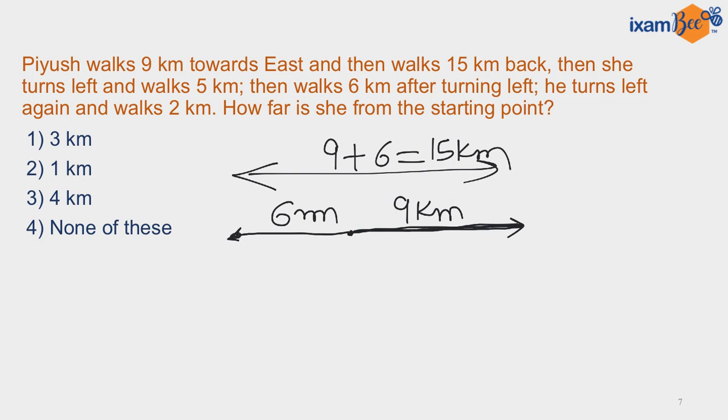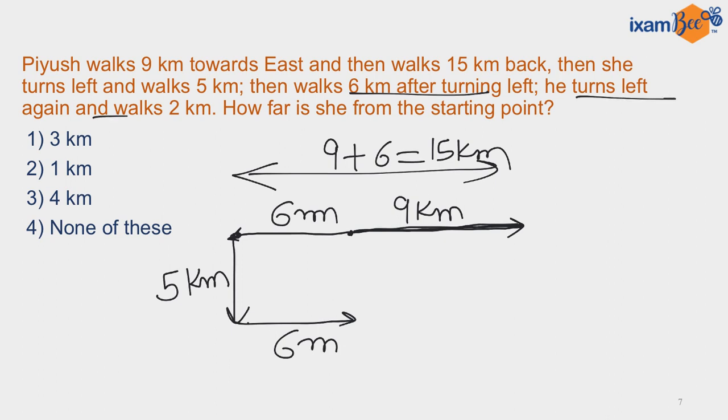Then he turns left and walks 5 km. Then he walks 6 km after turning left. He turns left again and walks 2 km.